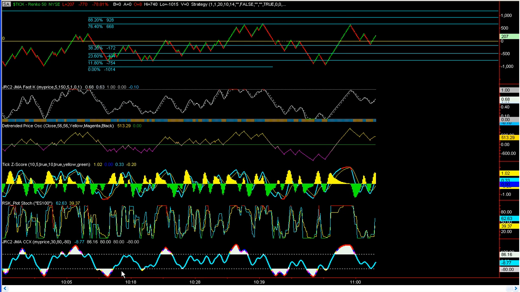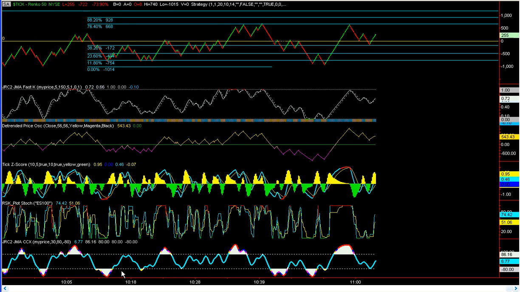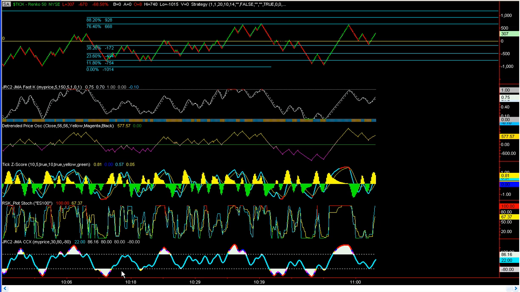In our final subgraph, we're using a Jurik JMA, and in particular we're using a CCX study. And we've modified this as well so that we can see where the CCX is overextended and pivoting.